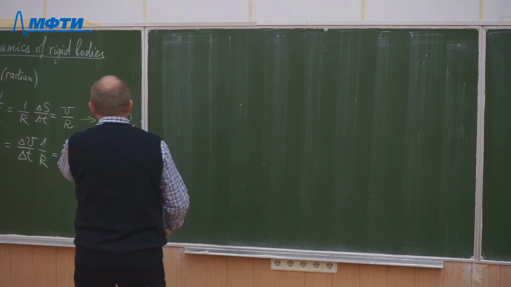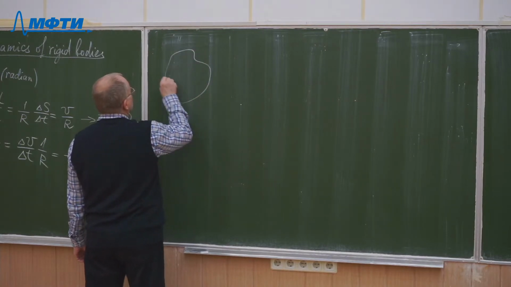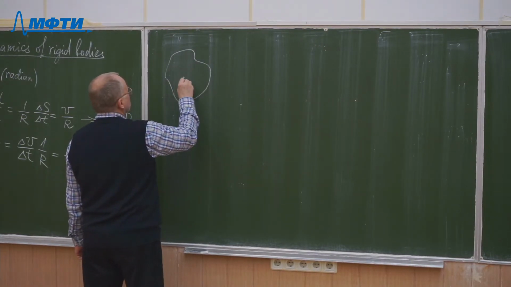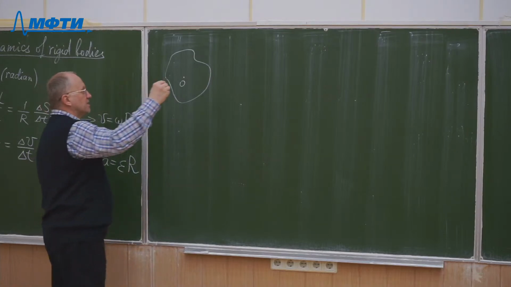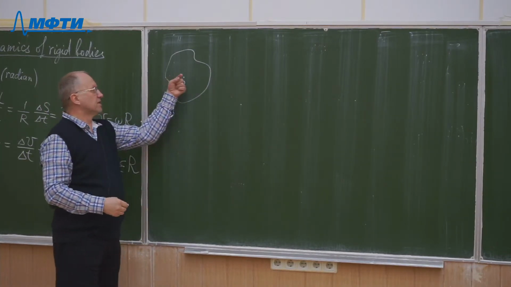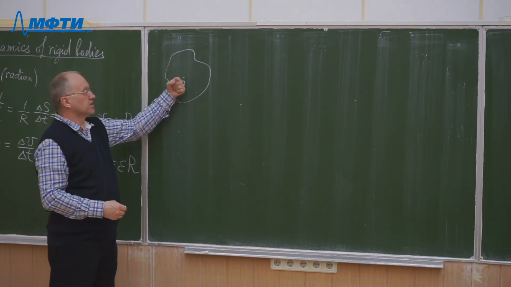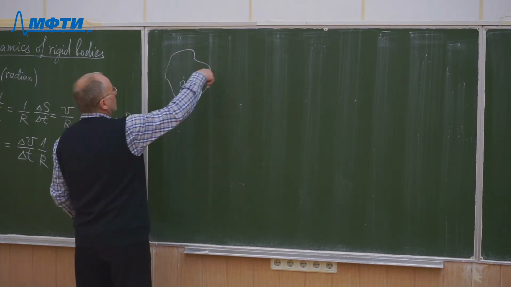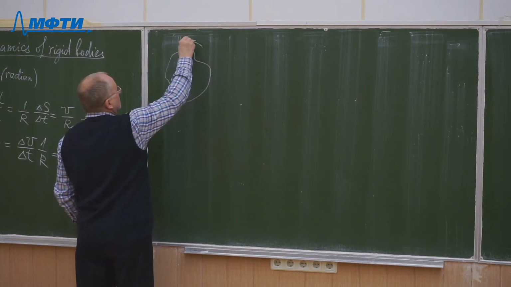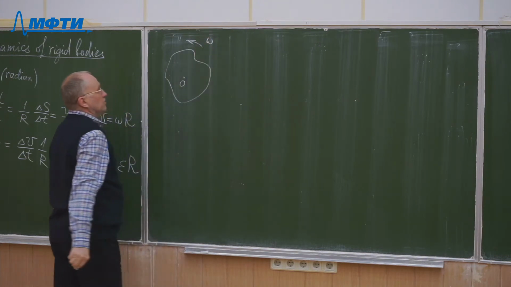Next we consider some solid or rigid body which can rotate about the axis which goes through the point A, and the axis is perpendicular to this board. So the axis is directed here, and the body can rotate about this axis with angular velocity omega.